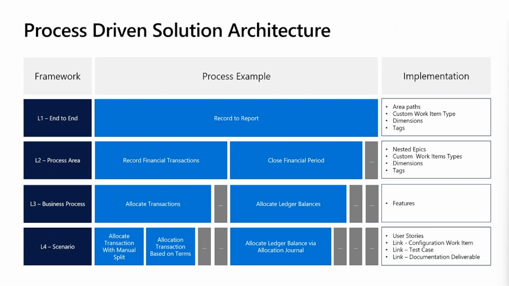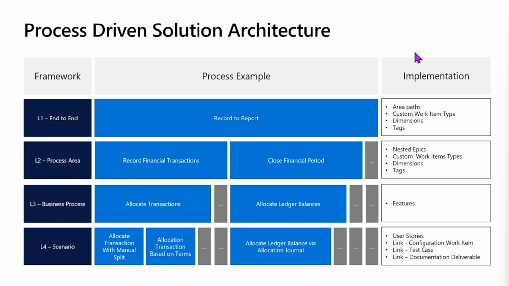So L1 equals end-to-end, L2 equals business process areas, L3 equals the business processes, and L4 are those patterns or scenarios. We have another example here in the center of the slide showing a record to report example.